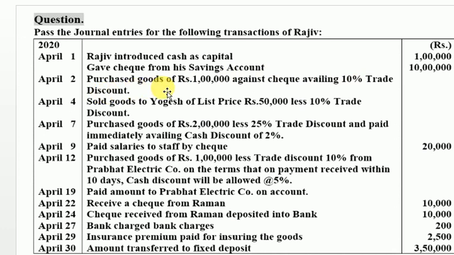And we have discussed that we will not record the amount of trade discount in the business. So 1 lakh into 10%, that is 10,000, and 1 lakh minus 10,000 is 90,000, and that net value of 90,000 will be recorded in the books of accounts.